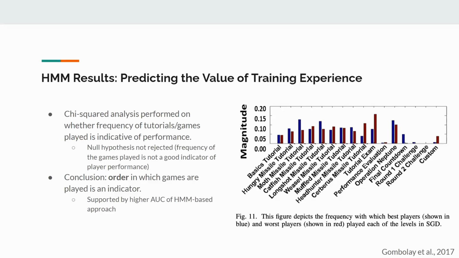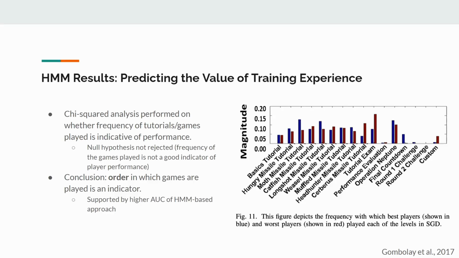So one might ask why simply looking at the frequency of games played is not enough to determine a lesson plan. This is because the paper performs a chi-square analysis of whether frequency is indicative of performance. For example, we see the basics tutorial has a frequency of approximately 0.05. The Moth missile tutorial has a frequency a little higher. Some of these values are different between the best players and the worst players, but most of them are relatively similar.